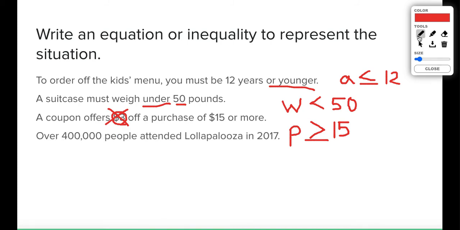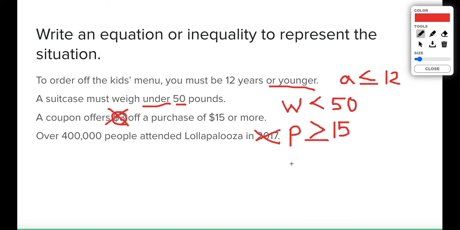Over 400,000 people attended Lollapalooza in 2017. Again, there's a number in here that we're not necessarily going to need. We don't need to include the year. That was just information that tells us what this data is from.